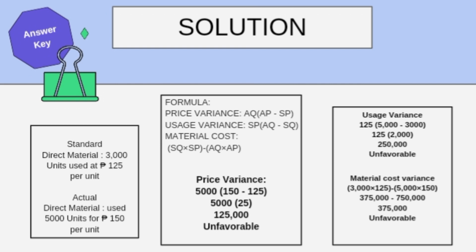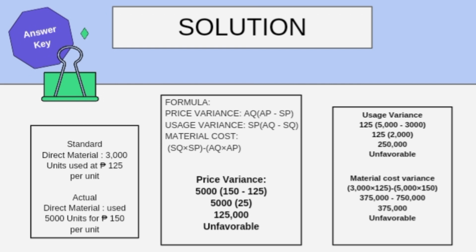By following the formula, we can try to solve it. So 3,000 multiplied to the 125 is equal to 375,000 minus 5,000 multiplied to 150 is equal to 750,000. So 375,000 minus 750,000 is equal to negative 375,000.